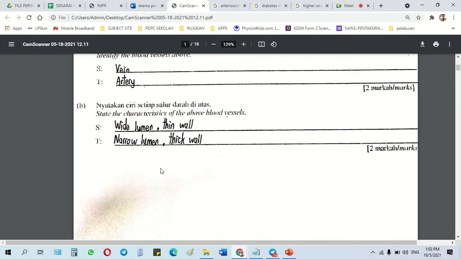So for T we should say thick wall. Okay, muscular, strong and elastic. The size of lumen, in your book it will say small or narrow.